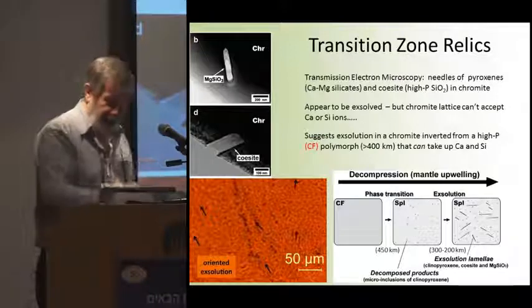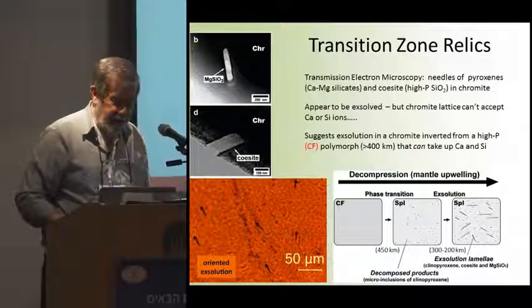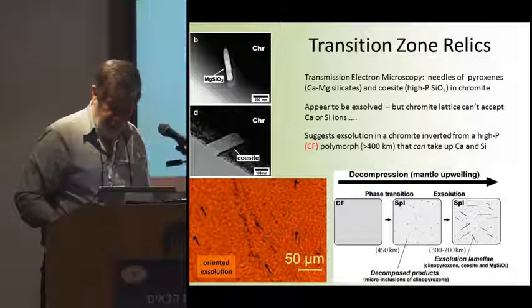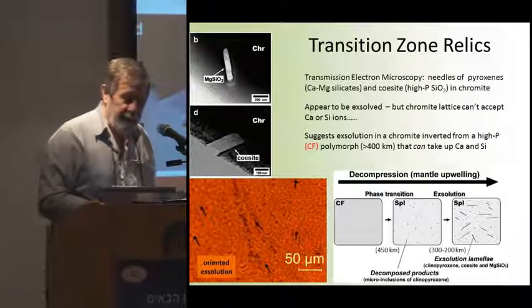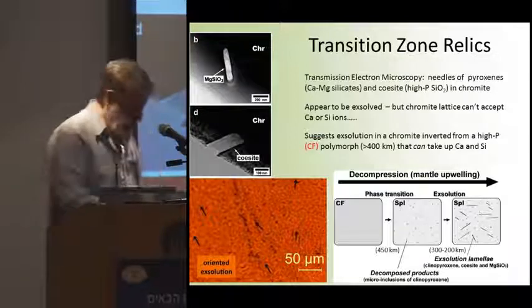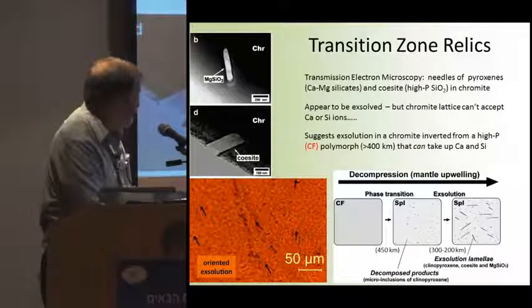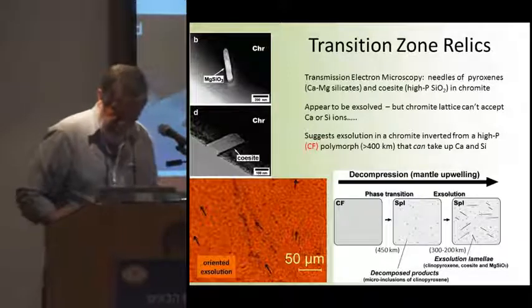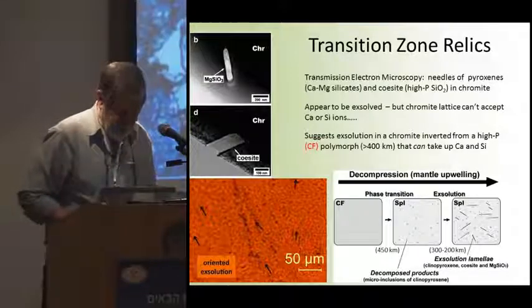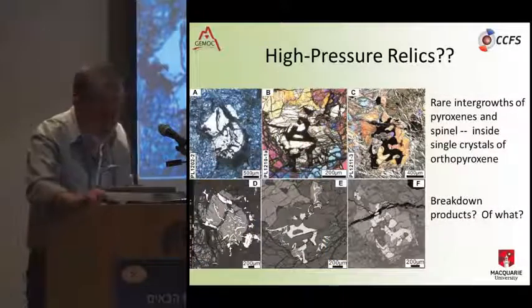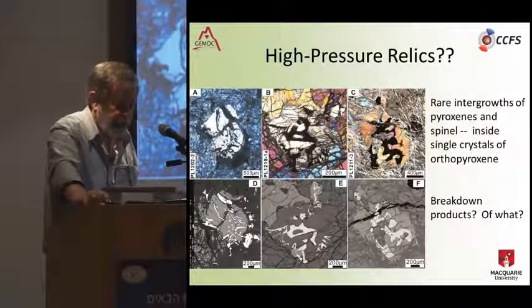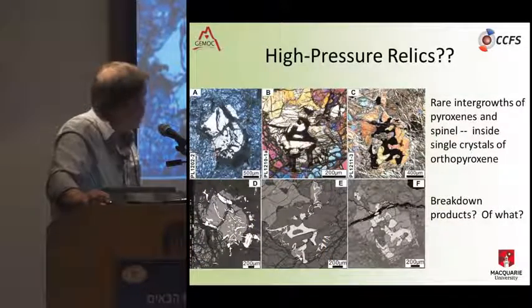So this means we have more evidence that these things have in fact been at depth. And so the idea is you have a calcium ferrite structured thing, it inverts to the spinel, and all the stuff comes out.